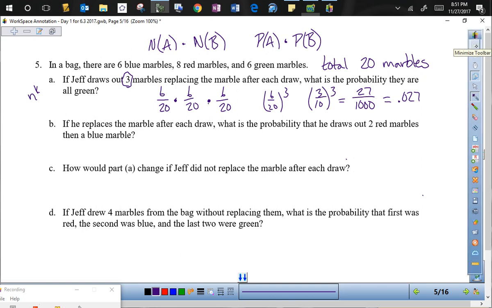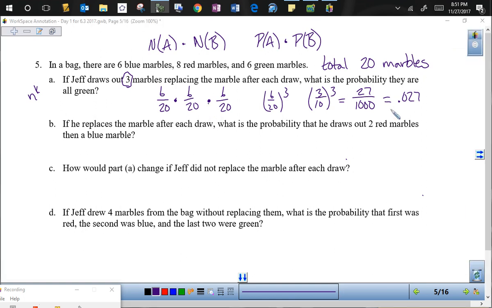So be careful on that. For right now we're just going to say the probability of all green was 27 thousandths here.